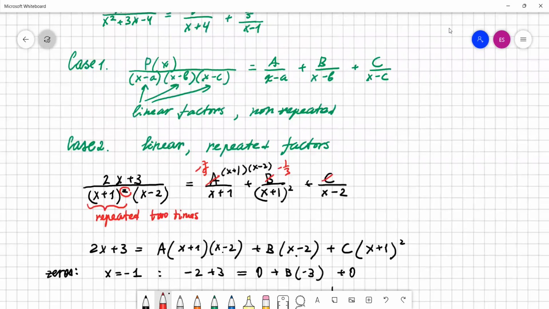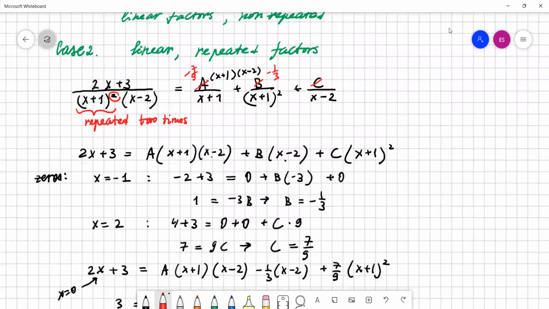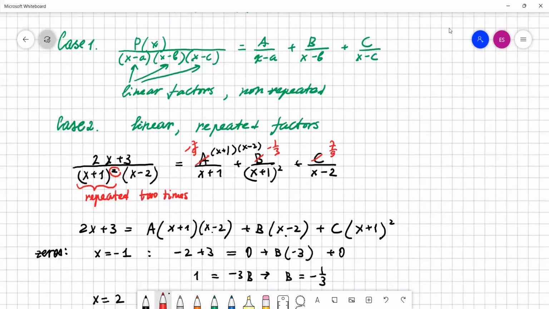And my c was, let me go back, c was 7 over 9. Guys, normally we don't write a, b, and c. We just rewrite everything but with numbers. Otherwise, that's it. We decompose the fraction, okay? And that's how we are going to decompose it if you have a repeated factor, but it's a linear factor.